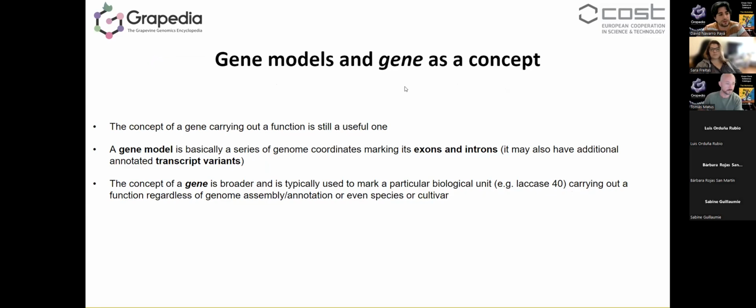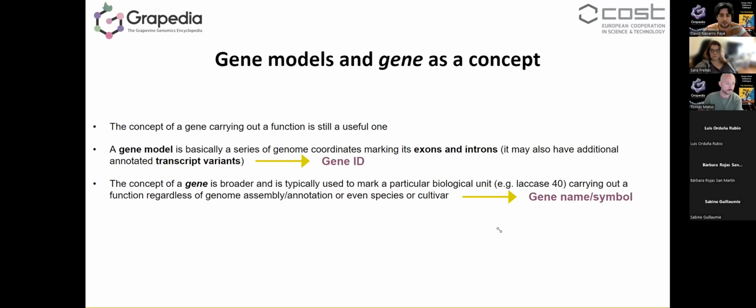Even if a gene may encode different proteins and have different functions, in biology we still try to think of the functional unit being the gene, and that's how publications work at the moment, and it's certainly so in other species and also in Beatus. So you can think of the gene as the biological concept, and the gene model as something that changes depending on your map of the genome, so your genome assembly and the annotation.